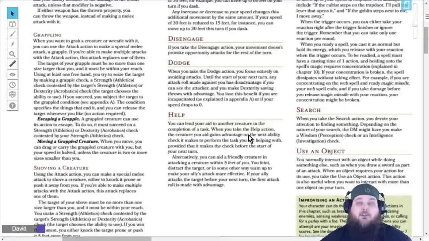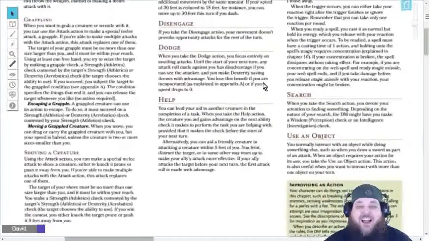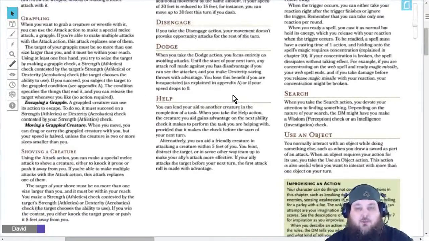Next, we're going to talk about dodge. I would love to see players use dodge more. This is so powerful, and a lot of players just don't realize how powerful dodge is. When you take the dodge action, you focus entirely on avoiding attacks, and until the start of your next turn, any attack roll made against you has disadvantage if you can see the attacker.